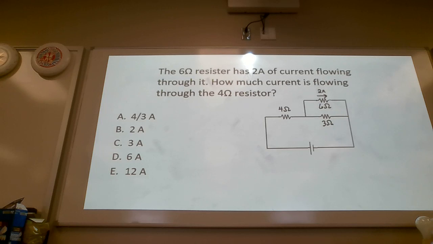But I gave you clues to the characteristics of an individual resistor rather than the total. So the problem solving with this is going to look a little different.